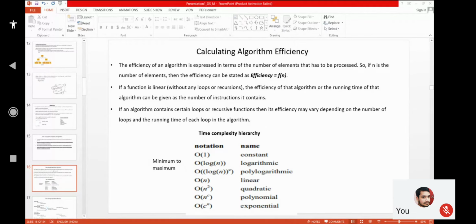So linear is greater than logarithmic as well as polylogarithmic. After that, quadratic, order of n square, which is obviously greater than order of n, and so on. After that, polynomial, order of n to the power c, and the last one is exponential, order of c to the power n.